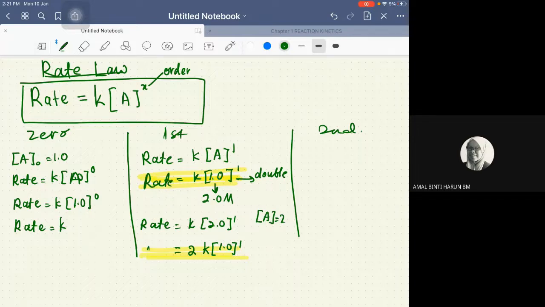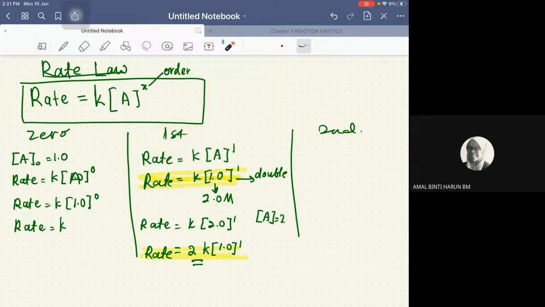If the concentration is double, the rate also double. Kalau concentration is triple, rate also triple. Okay, it's from K and become 2K if we double. So, itu ciri bagi first order.